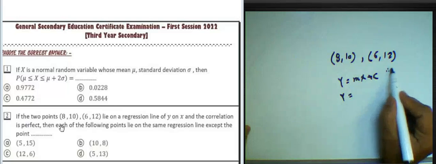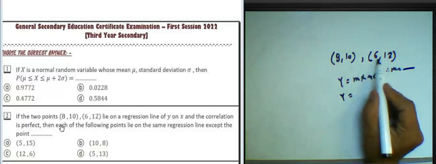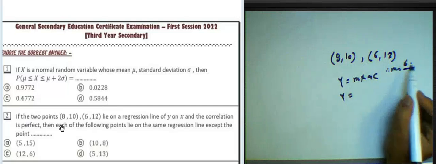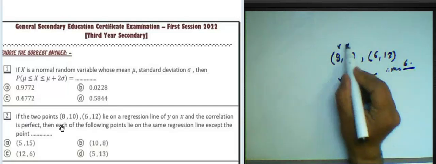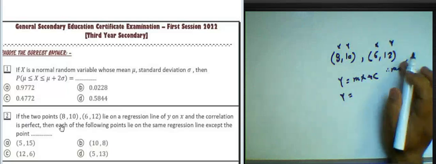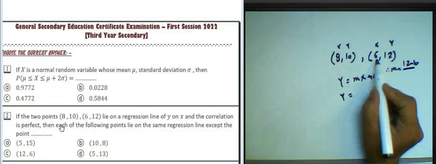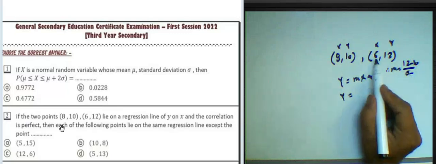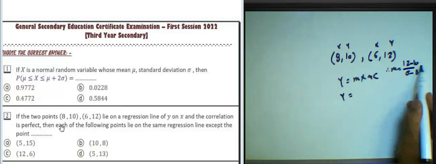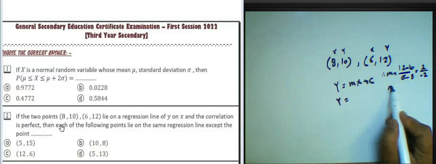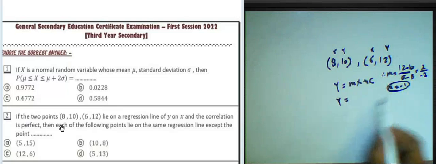Here we can find the slope: y2 minus y1 over x2 minus x1, 12 minus 10 over 6 minus 8. 12 minus 10 is 2, and 6 minus 8 equals negative 2. Then the slope will be equal to negative 1.